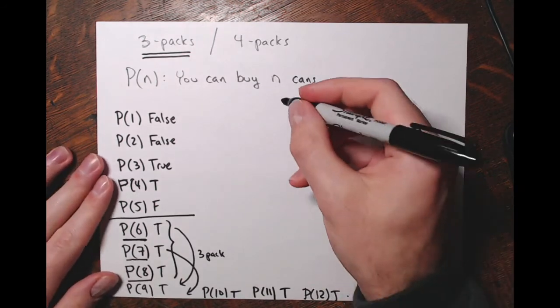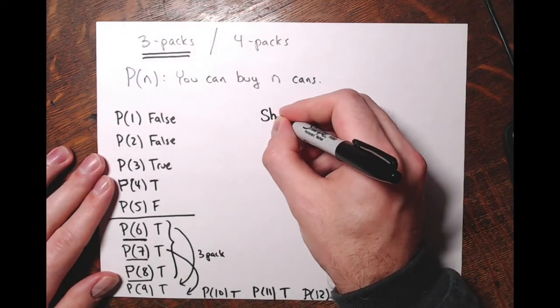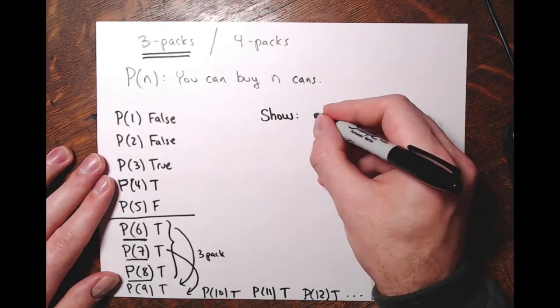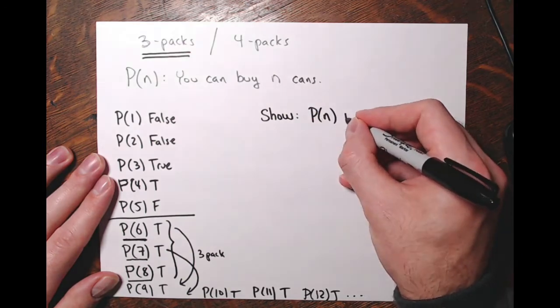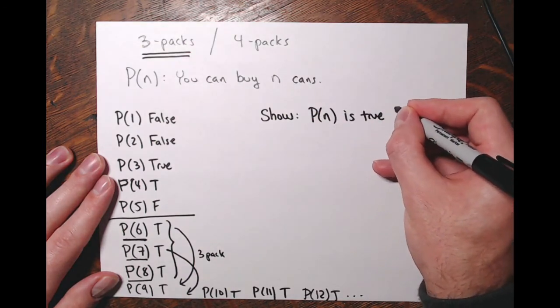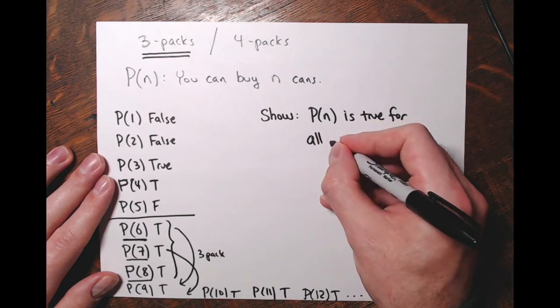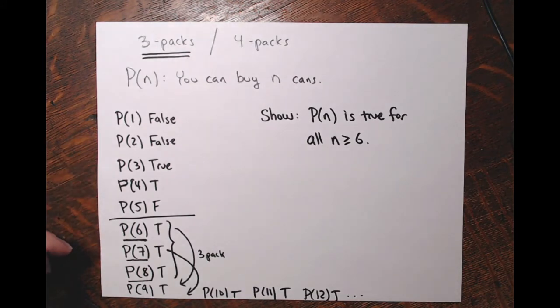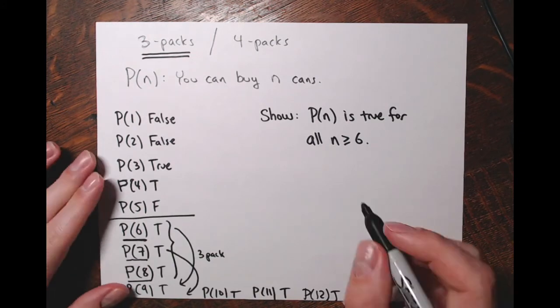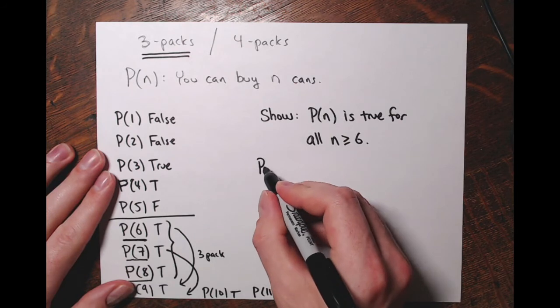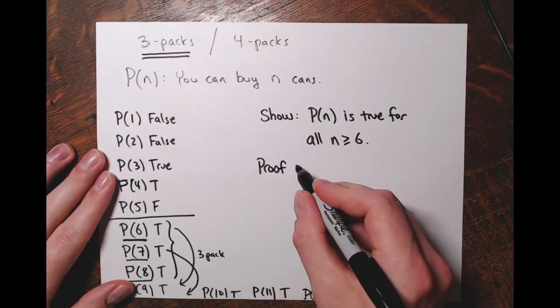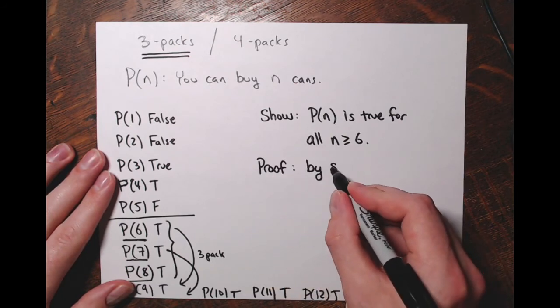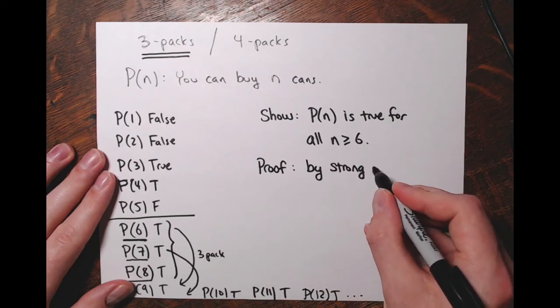So that's why they're saying, can you show that P of n is true for all n greater than or equal to 6. So again, I kind of outline what's going to be happening here. So we'll do a proof by strong induction on the value of n.